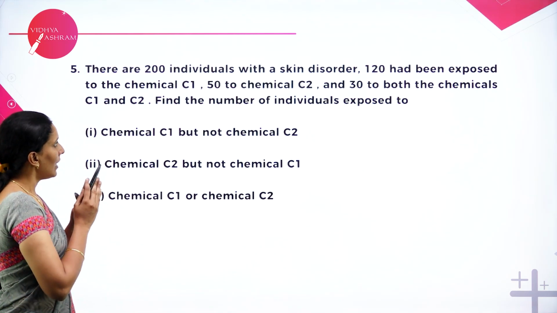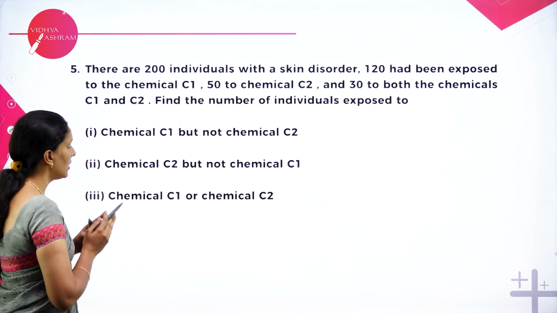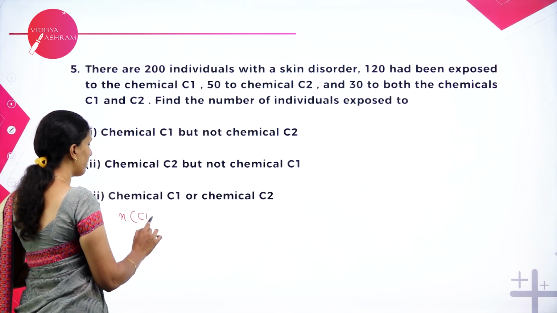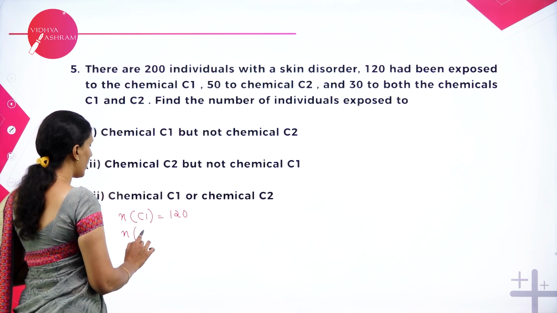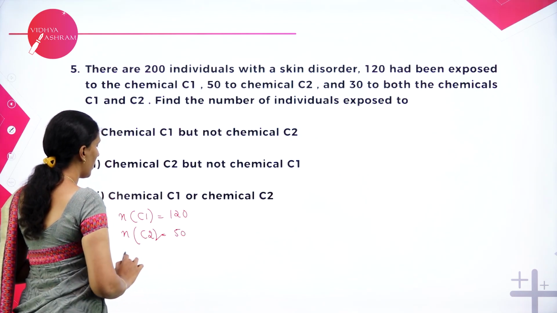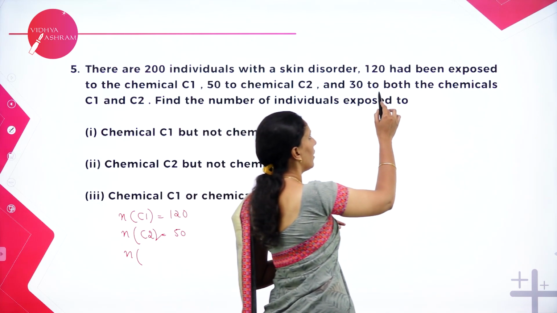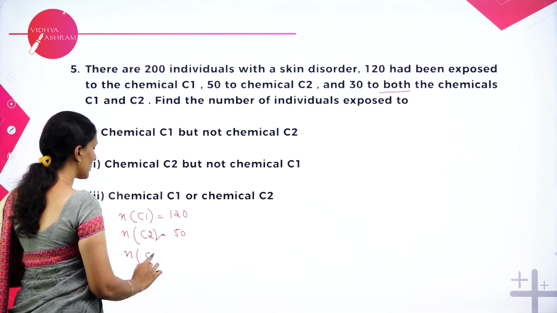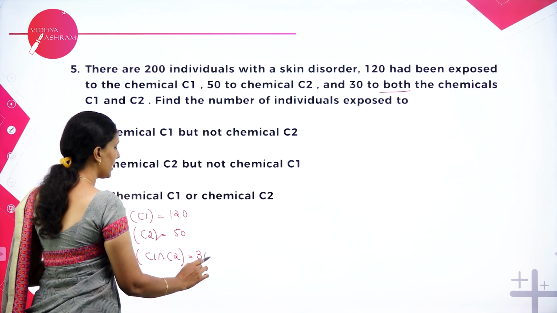So first, let's see the number of people exposed to different chemicals. The number of people exposed to chemical C1 is 120, the number exposed to chemical C2 is 50, and the number exposed to both, which in sets indicates the intersection C1 intersection C2, is 30.